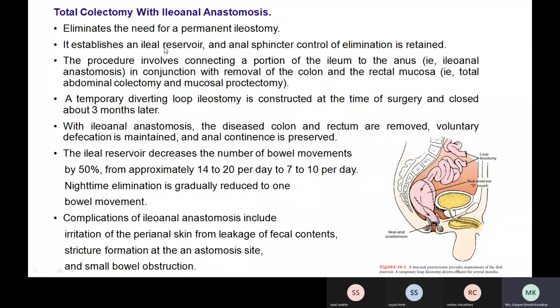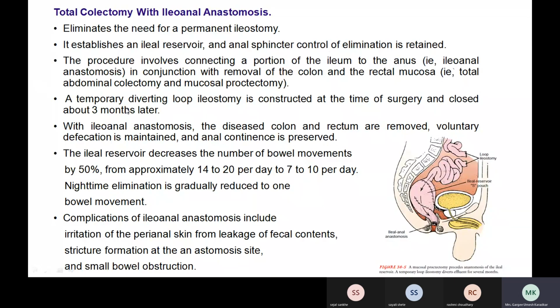It establishes an ileal reservoir and anal sphincter control of elimination is retained. What they will do is connect a portion of the ileum to the anus, called ileoanal anastomosis, along with the removal of the colon and the rectal mucosa. So there is total abdominal colectomy and mucosal proctectomy.